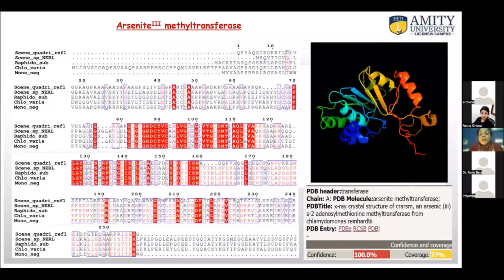We found it has almost 77% coverage and 100% confidence with the X-ray crystal structure of arsenic methyltransferase from Chlamydomonas reinhardtii. It is another algae, a model algae where so much molecular work has already been done.